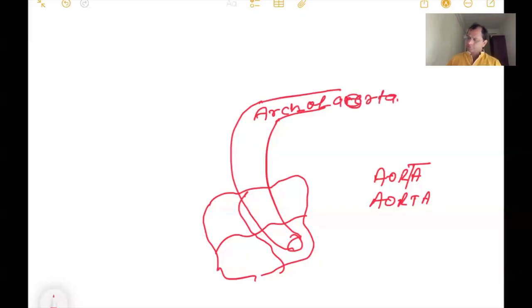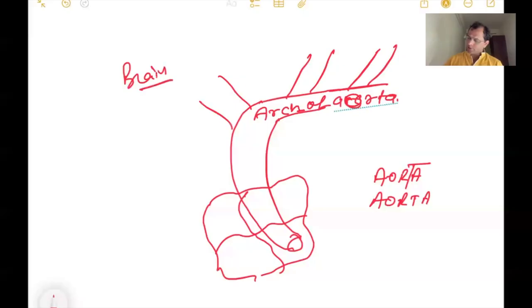Now from here, I told you three branches come out. Now tell me, what is the name of these three branches? I told you yesterday that I will ask today. These three arteries go to the brain, supplying the brain. One is going on the right side, and two are going on the left side.